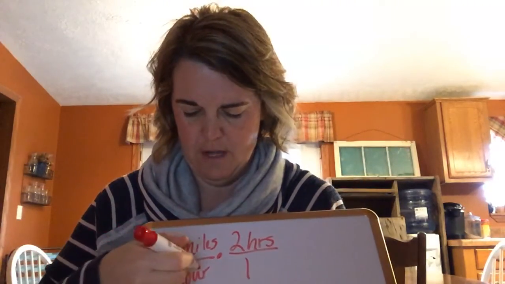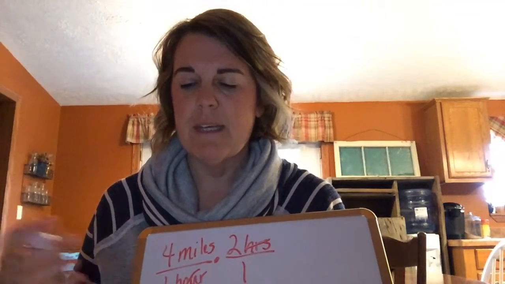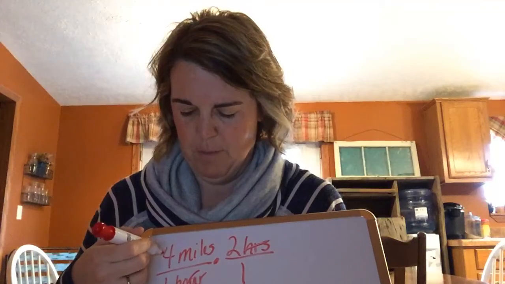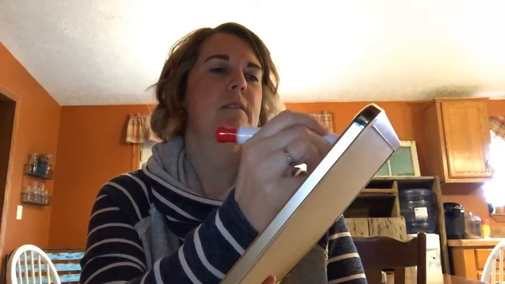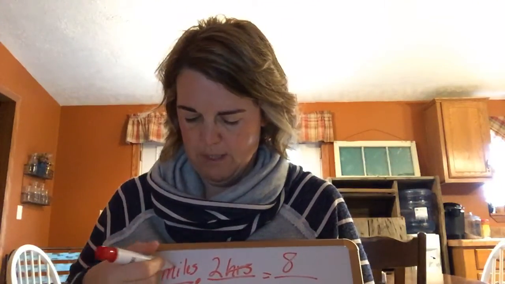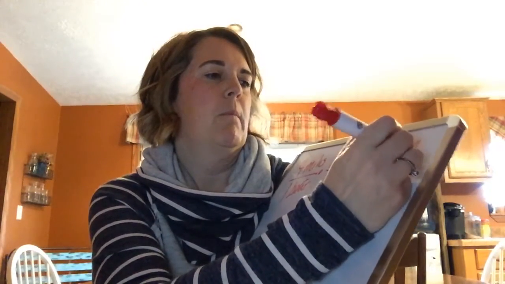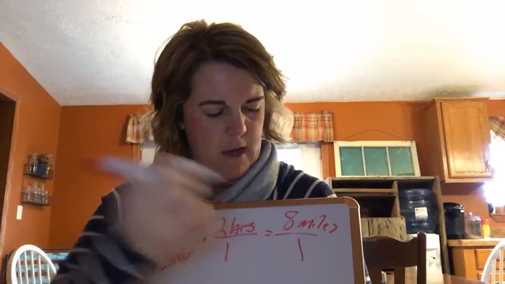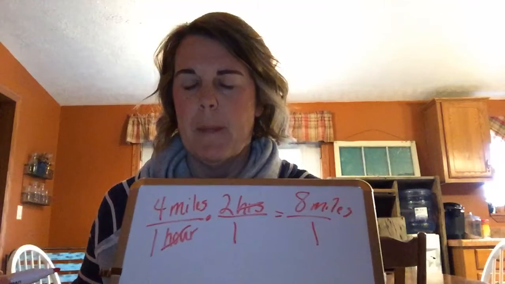So for instance here, this hour and this hour can go away. Once we get things to go away, then we just multiply across. So 4 times 2 is 8. So we have 8, and the only label left is miles. And then we just have over 1, okay, which we know equals just 8 miles, okay?